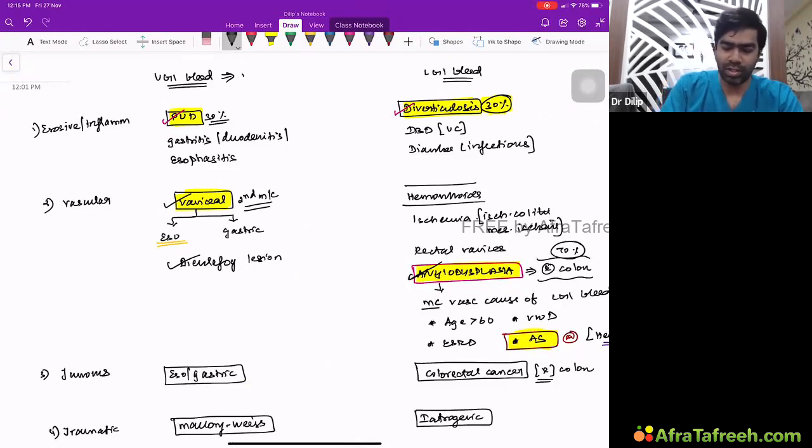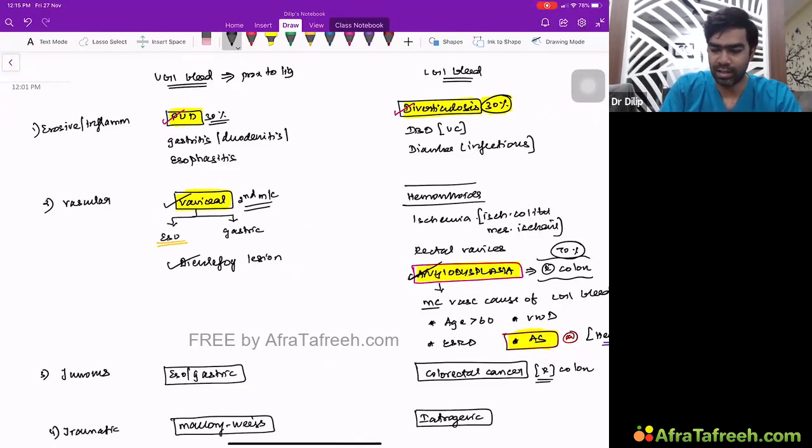UGI bleeds are ones that originate proximal to the ligament of Treitz. The ligament of Treitz is the anatomical landmark to separate UGI bleed from LGI bleed. It is also referred to as the suspensory ligament of the duodenum, which is usually located at the duodenojejunal flexure.